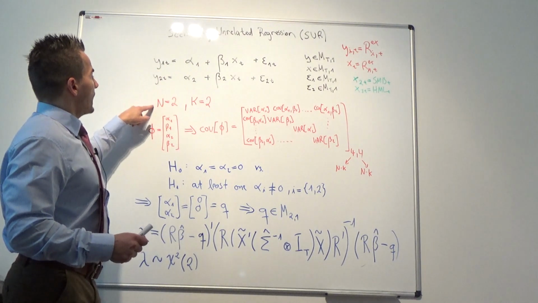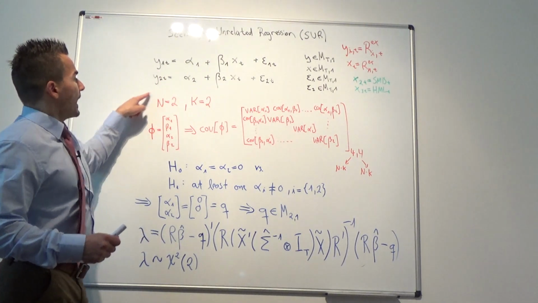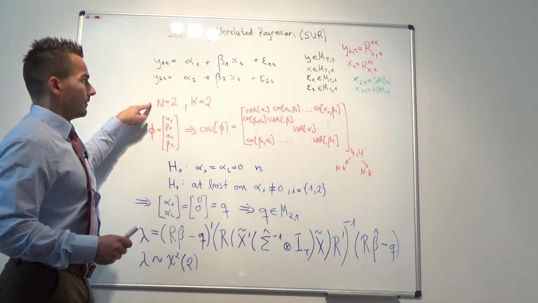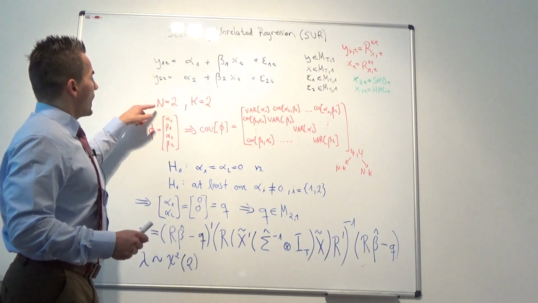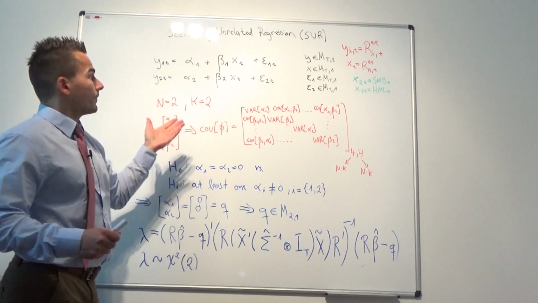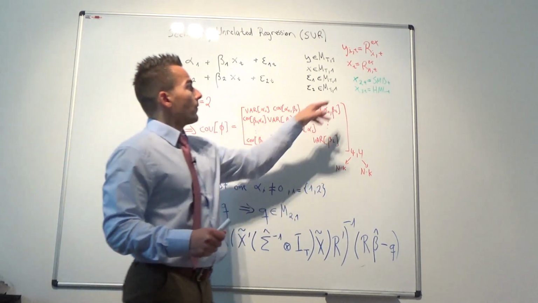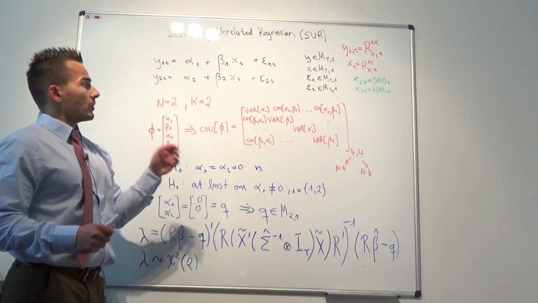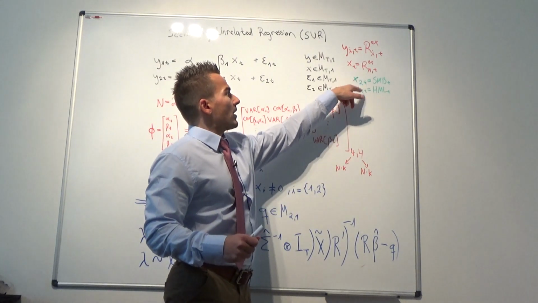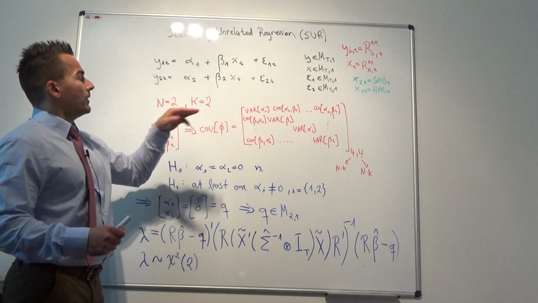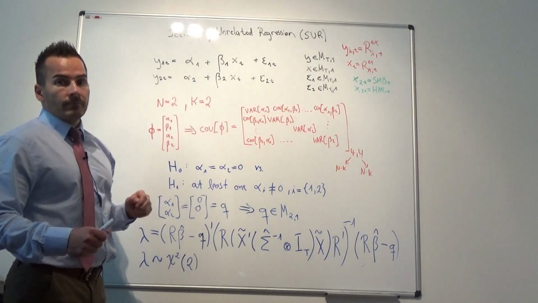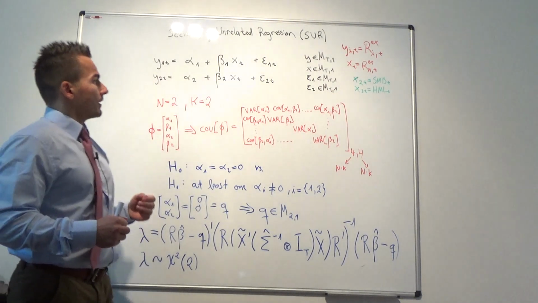Capital N is 2, and capital N gives us the dimension of test assets. It's very simple, and as we just said, N could also be 25. And with the Fama and French 3-factor model, we would add 2 parameters and 2 regressors, so the parameter space would be K equals 4, just as an example.